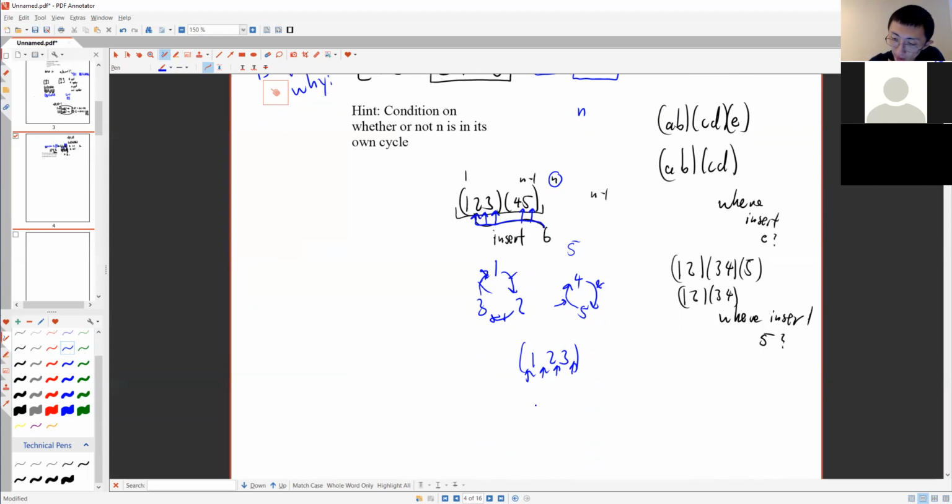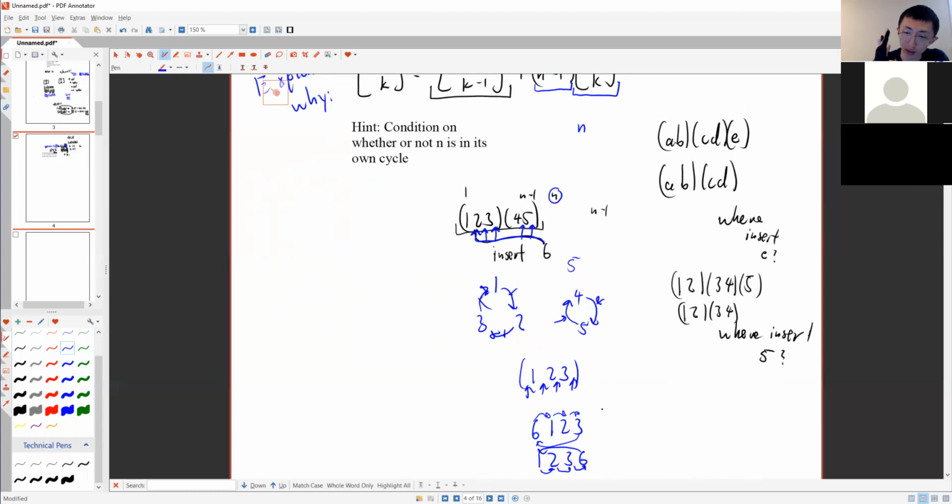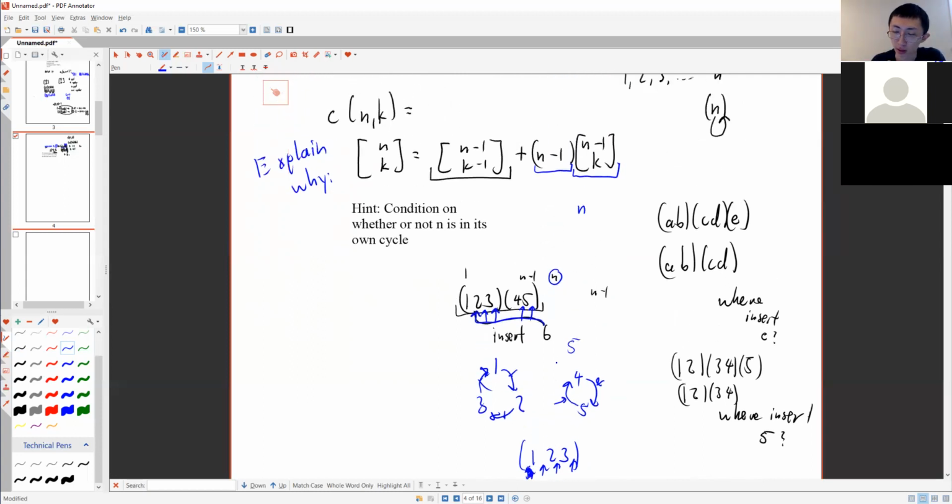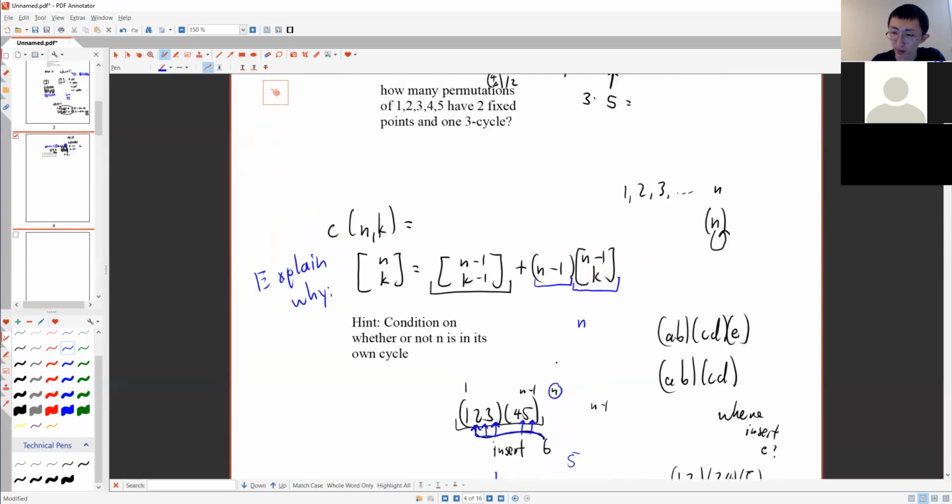If I inserted before the first one, and if I inserted after the last one, which is 3, these are the same. 6 goes to 1, goes to 2, goes to 3, goes to 6. And this is the exact same cycle. So if you don't want to overcount, you should only insert to the right of every element, or always to the left of each number. I'll just go with right of each number. So yeah, this is true.